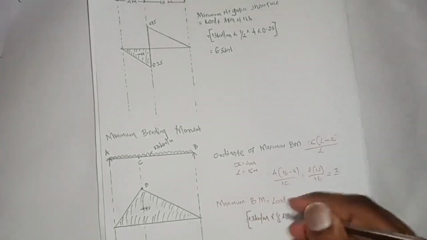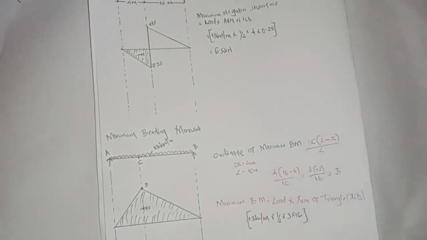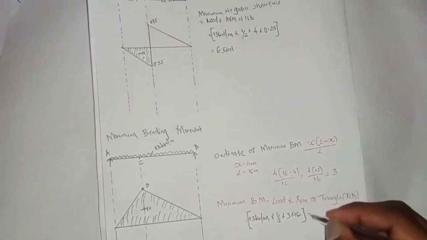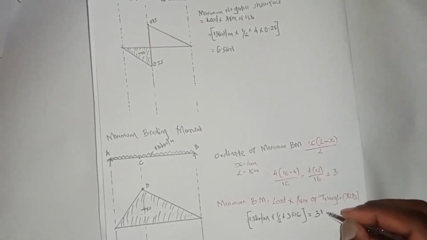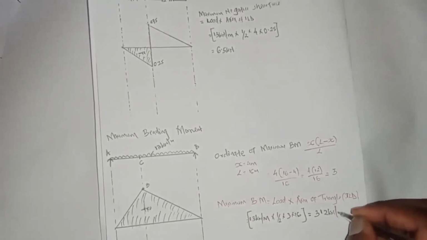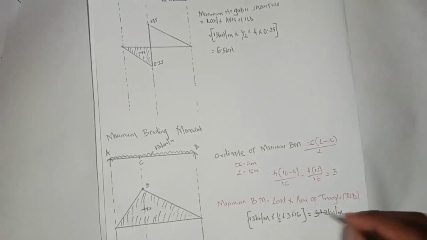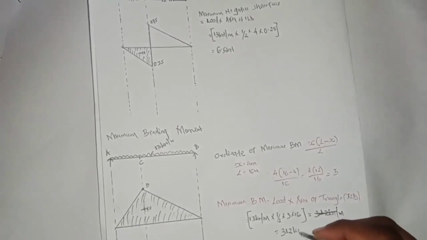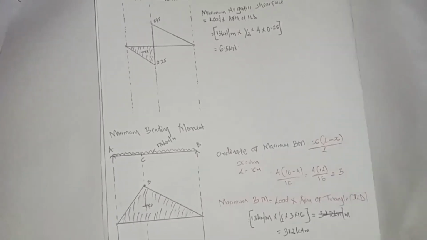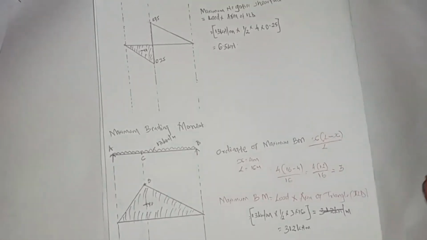When you input all of this in your calculator, our answer is 312 kilonewton meters. So your SI units are very critical. You have come to the end of our lecture today. Thank you.